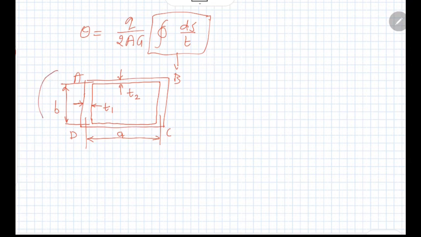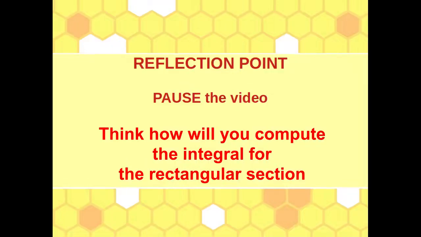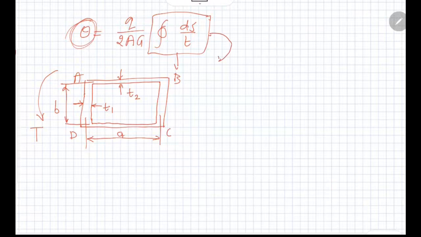And this box section is subjected to torque T. If we want to calculate the angle of twist, we need to evaluate this integral. So let's see how we evaluate this integral for this particular cross section.